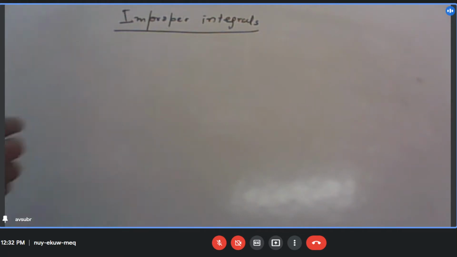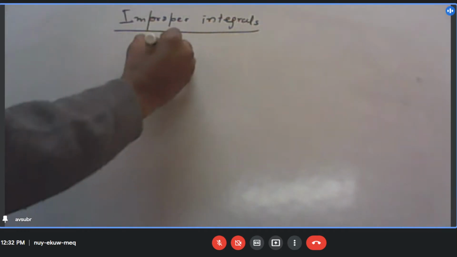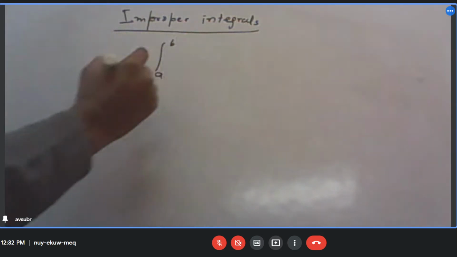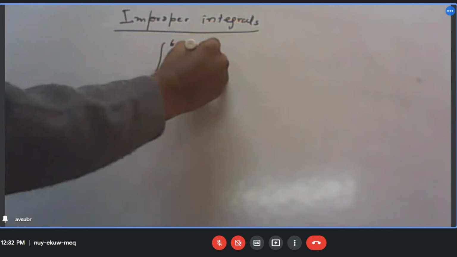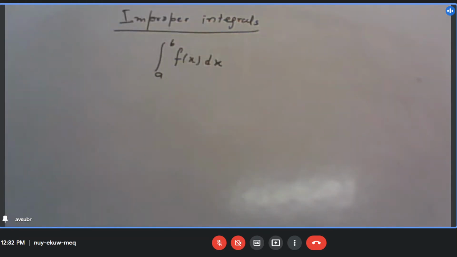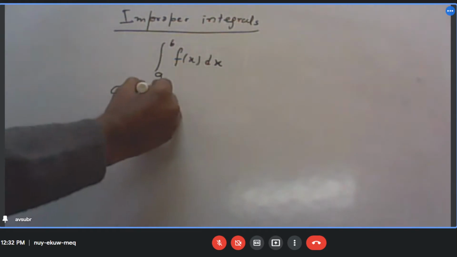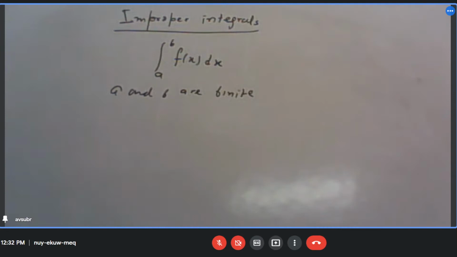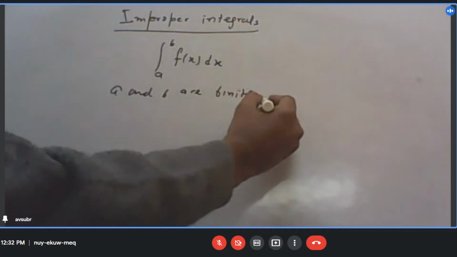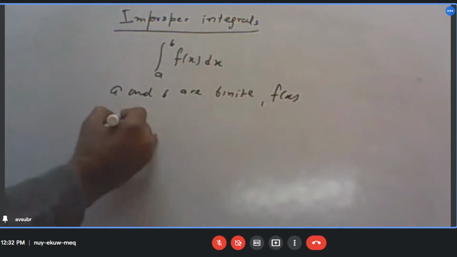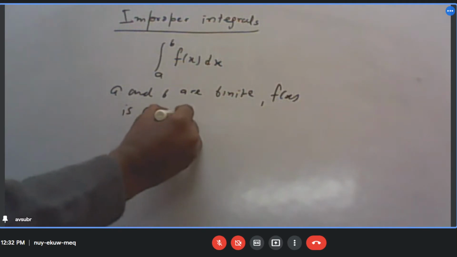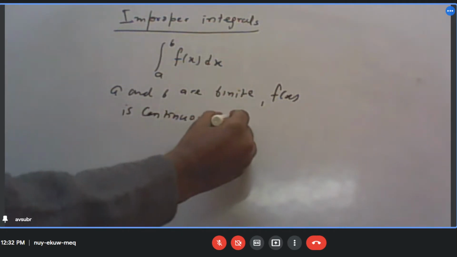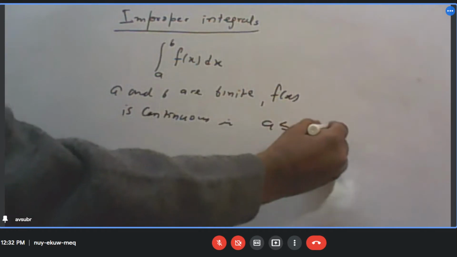So we all are aware of an integral of this kind. Here a and b are finite, and this function is continuous in a and b.